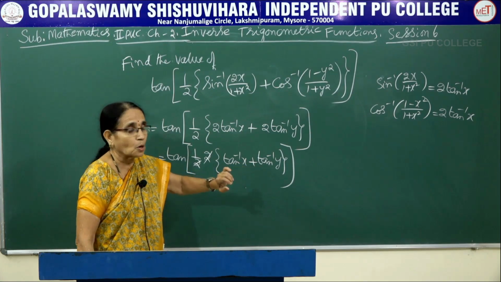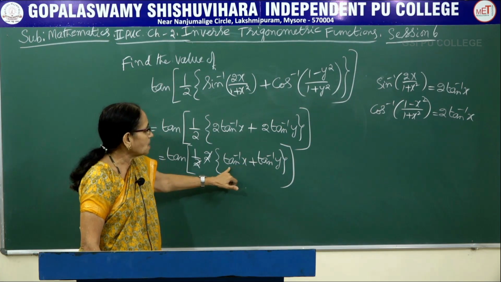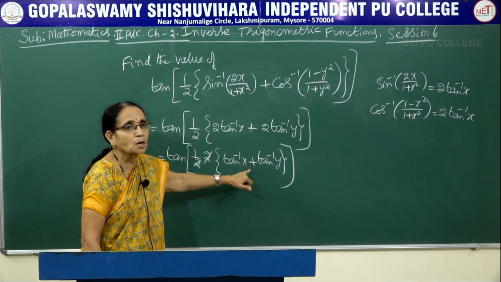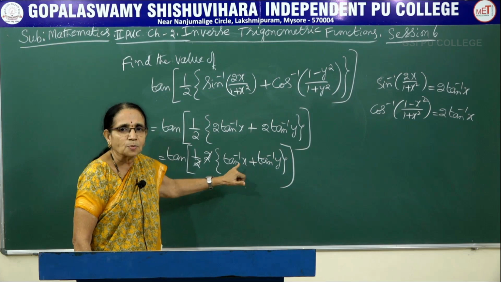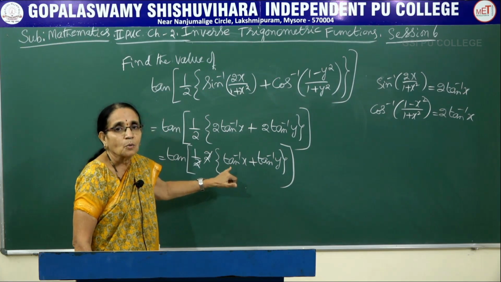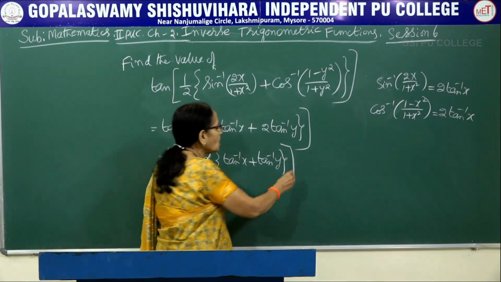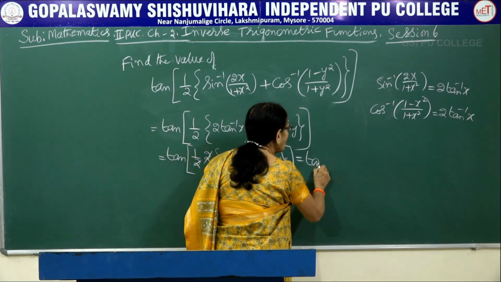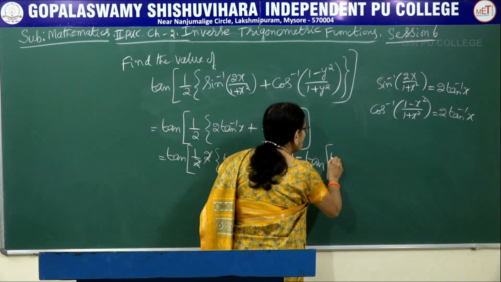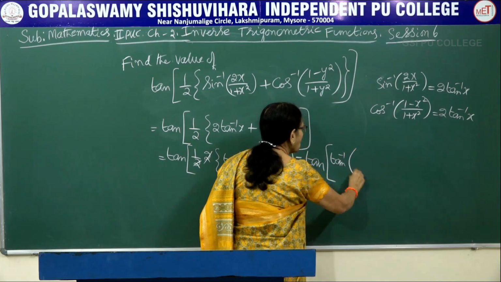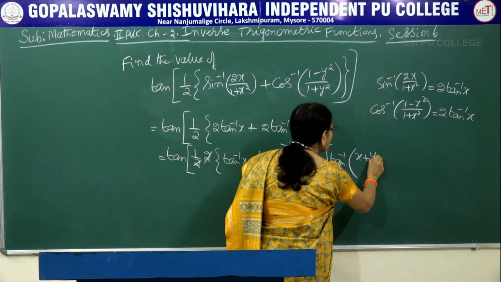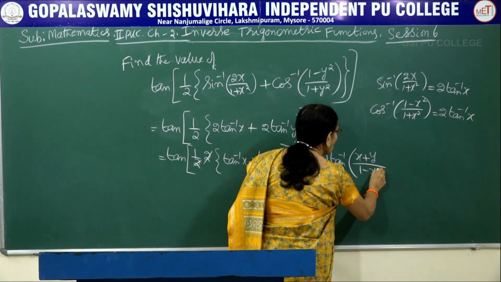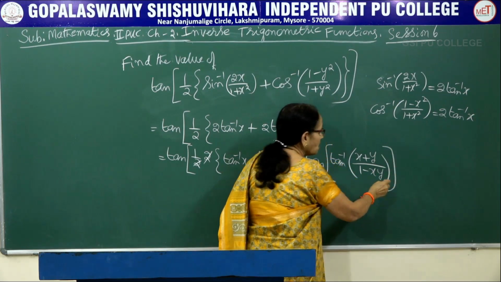See, from the 4th set of property, we have proved a result, tan inverse x plus tan inverse y equal to tan inverse of x plus y divided by 1 minus xy. So, I can write it as tan inverse of x plus y divided by 1 minus xy.